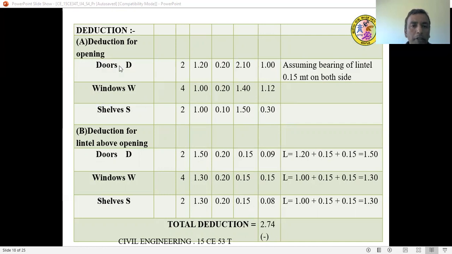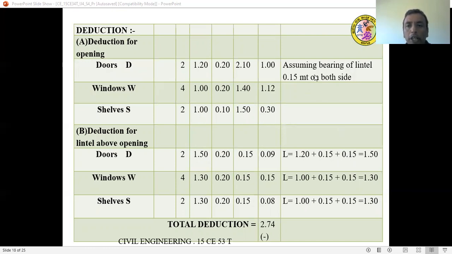After completing this opening, next you have to deduct the lintel above opening. That means above the opening, number of doors, number of windows, shelves will be same, but the length of the lintel will increase according to the doors. That means you have to add 0.15 meter bearing on both the sides.